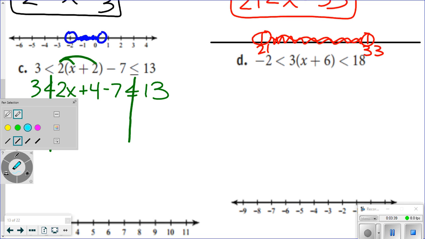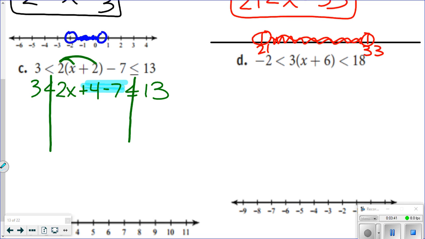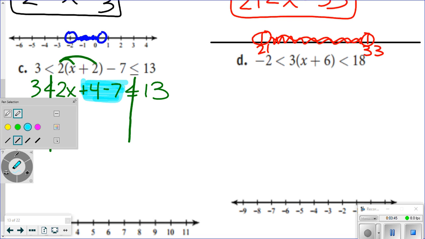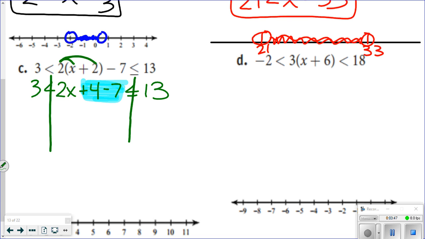In the inside, I notice I have two loose numbers here. I have a +4 and I have a -7. So let's combine like terms in the middle. 4 minus 7 gives us -3. Bring down my sign and my 13.